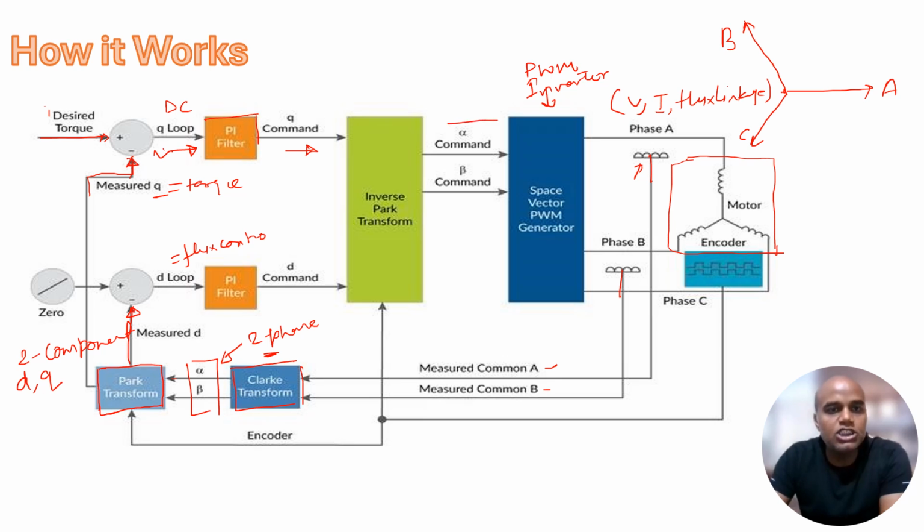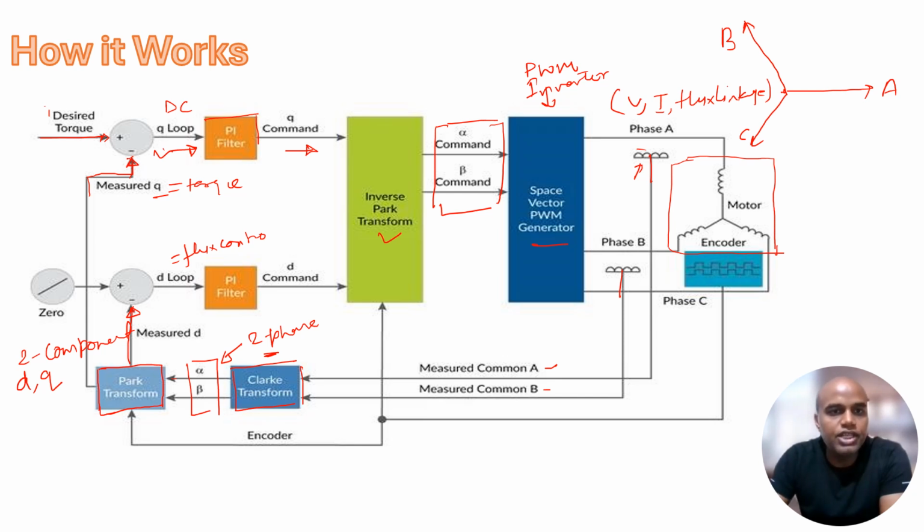So the inverse Park transformation is done, and then the alpha beta values go into my PWM inverter, which converts them into the phase A, phase B and phase C values, which go to my motor.